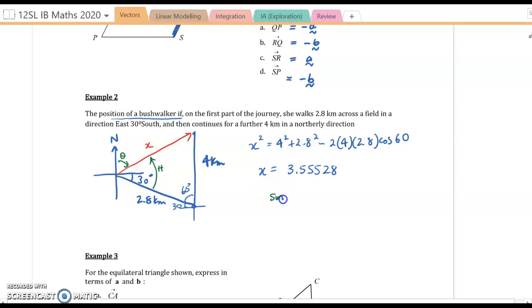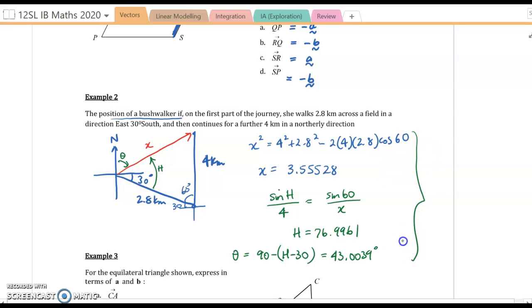So sine of H over 4 equals sine of 60 over x, and rearranging you'll get H equals 76.9961. Then if we minus 30 from it, and then take that away from 90, we get theta, which is 43.0039 degrees.